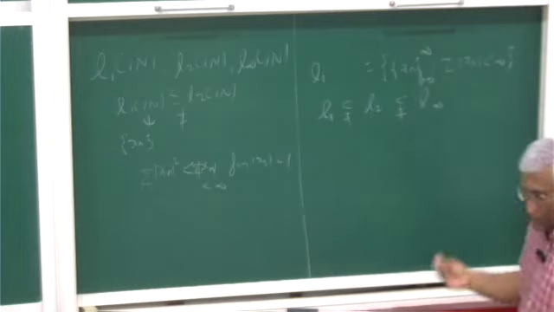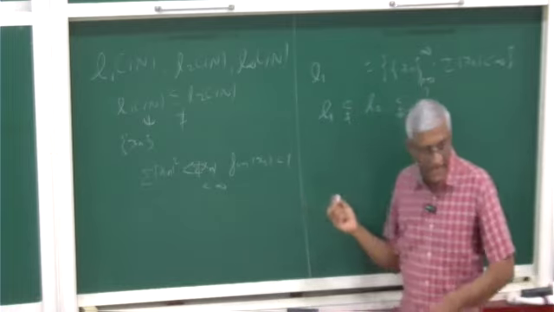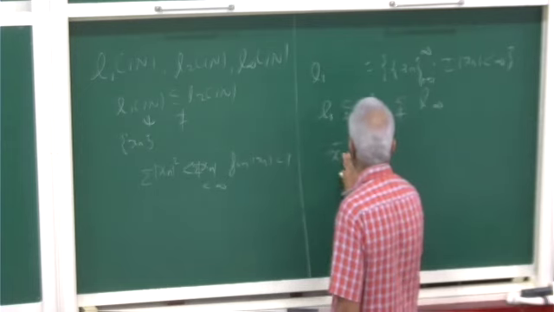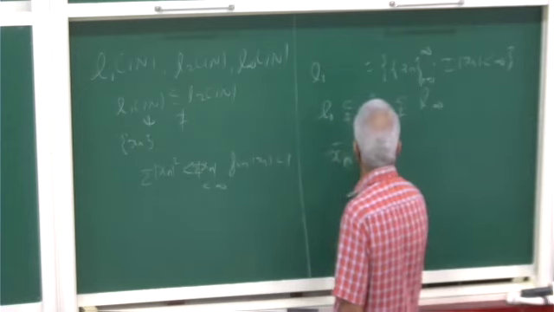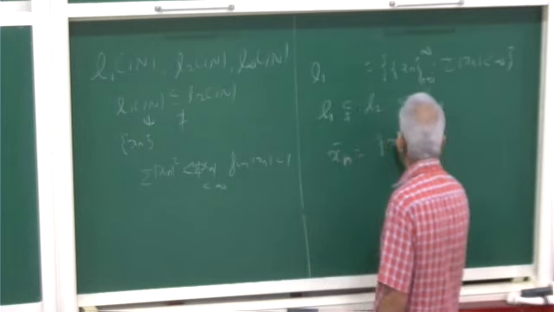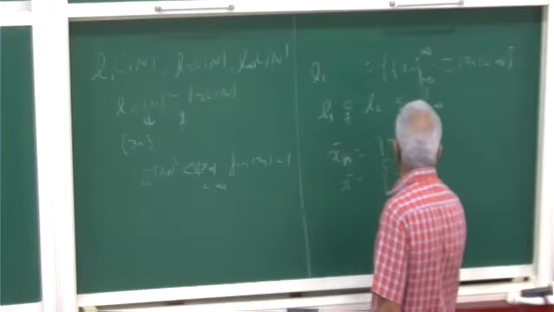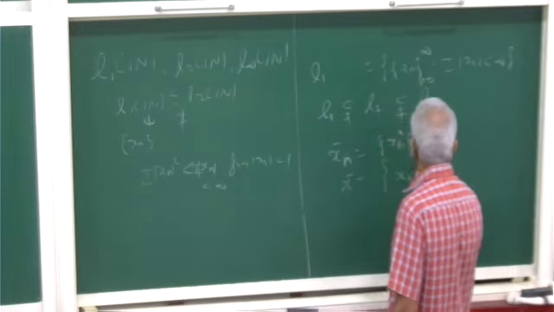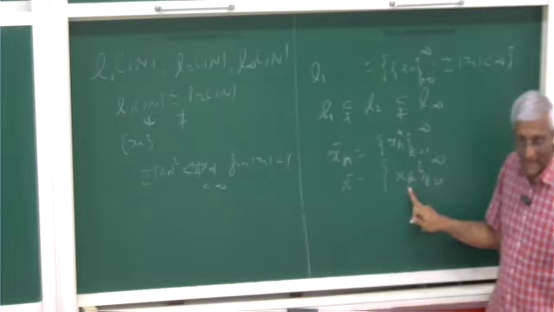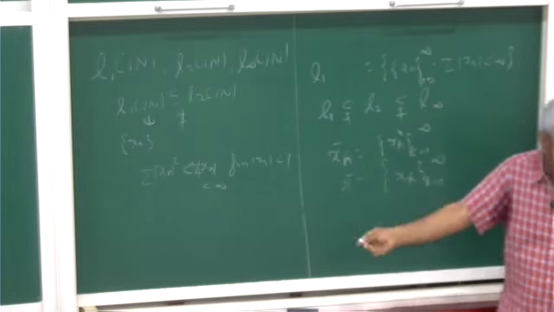Here coordinate convergence need not imply L1 convergence. Coordinate convergence means each entry converges. If you have a sequence of sequences xn bar, where each is a sequence xk, k equal to 1 to infinity, and x bar is xk, k equal to 1 to infinity, then each xkn may converge to xk as n goes to infinity, but it need not converge in L1.